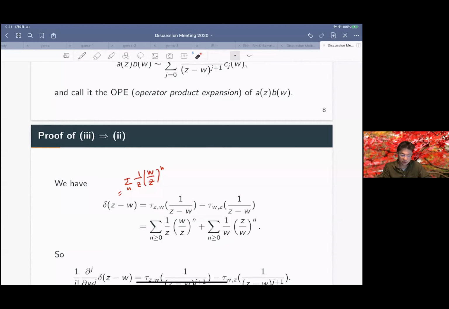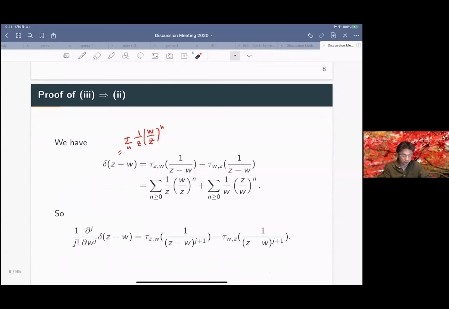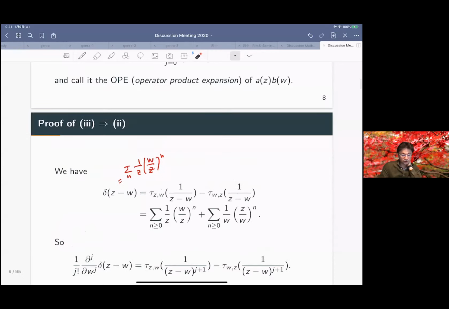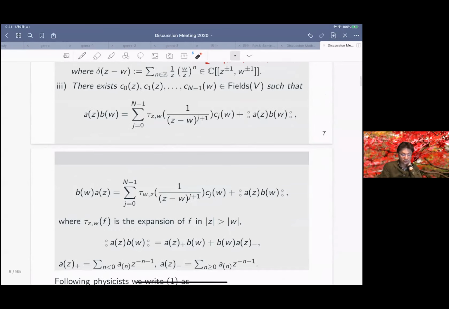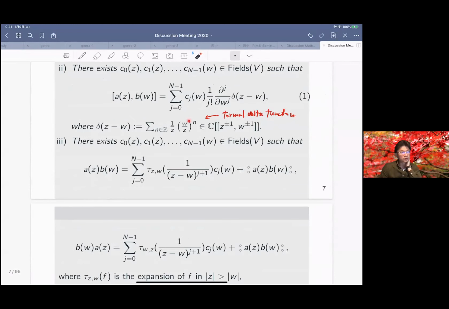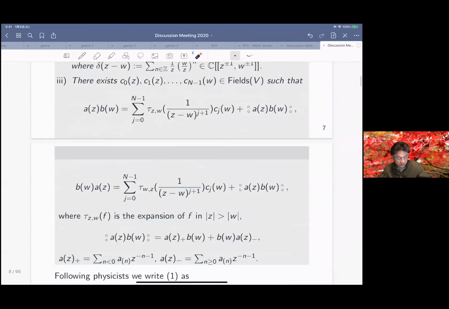And here it's expanded where w is bigger than z, so expanded in this way. And if you sum up, you get this formal series. So if you differentiate j times, you just get this difference. So if you substitute this from this, you just get this expression for the commutator. So this is very easy.